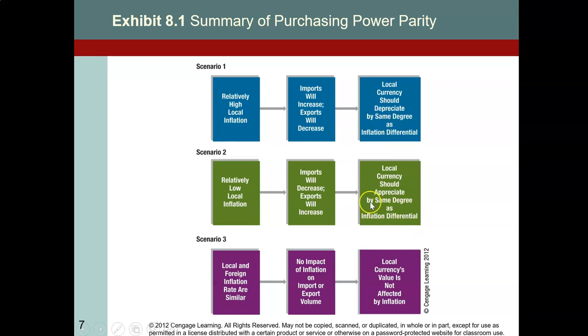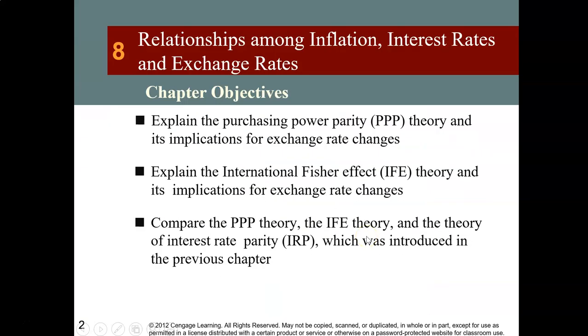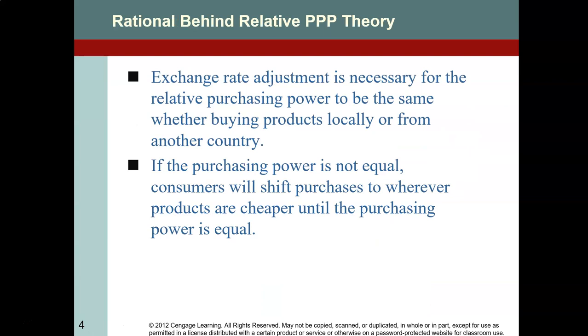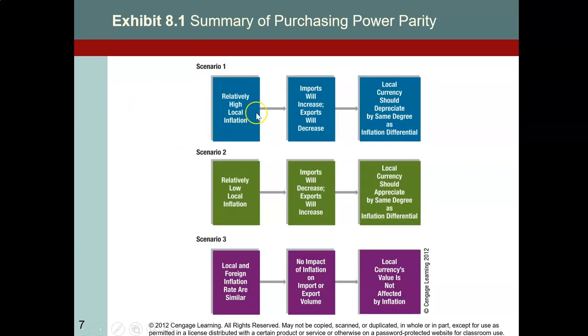We've discussed this before, right? When exports decrease, there is less exchange for US dollars. So the local currency, for example the US dollar, would depreciate because of the lower demand.